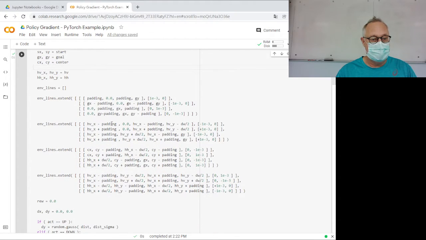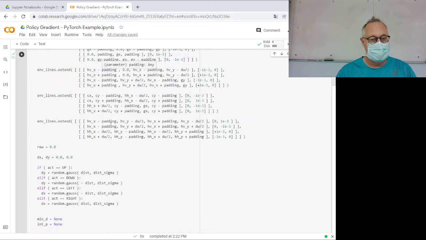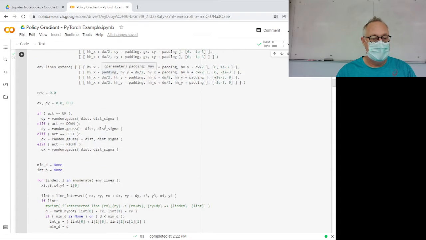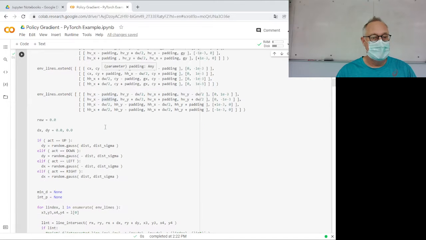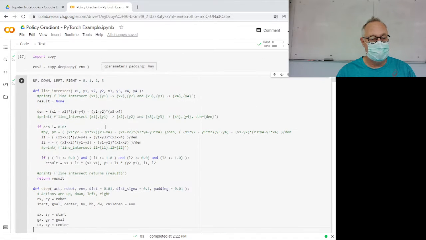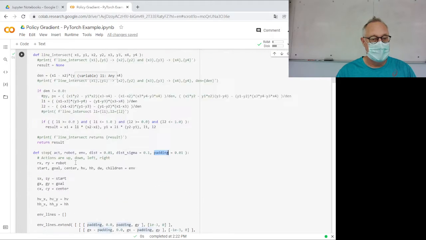And I needed to add extra lines because it turns out to be a little bit more tricky to implement the movements of the robot. So we have a function step that passes in an action, the current robot location, the environment, the distance that we want to travel, the noise, and the padding that is applied to the doors.